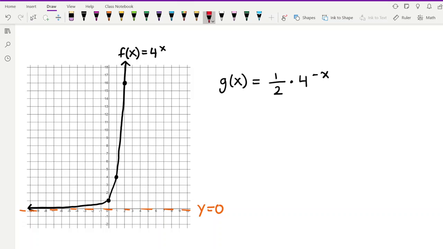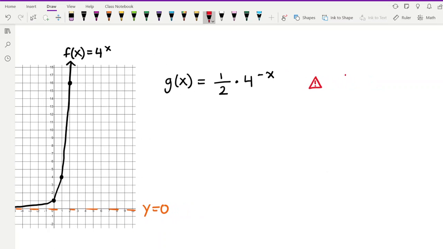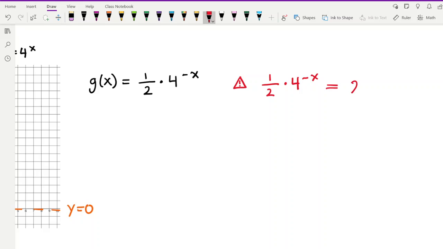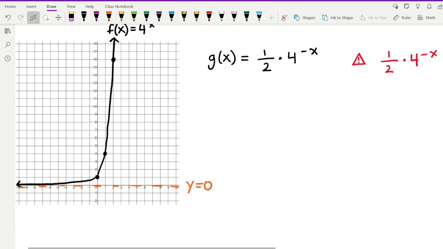First thing, again, I just want to quickly mention, it would not be correct to say that this was the same as, we can't multiply that 1/2 in, right? So it would not be correct to say 1/2 times 4 to the negative x is equal to 2 to the negative x. We talked about that in the last example. So that 1/2 does not get multiplied in.